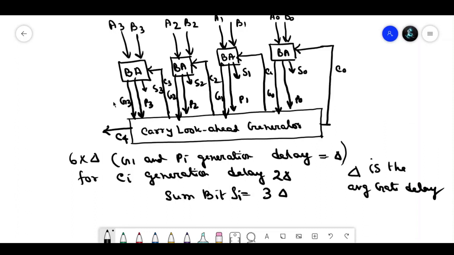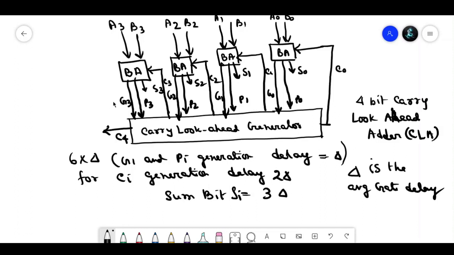So this is all about the carry look ahead generator and carry look ahead adder, or CLA. This is the circuit.